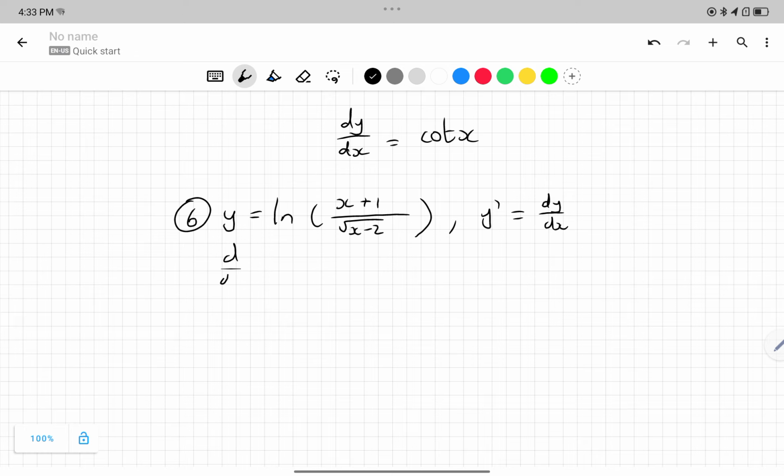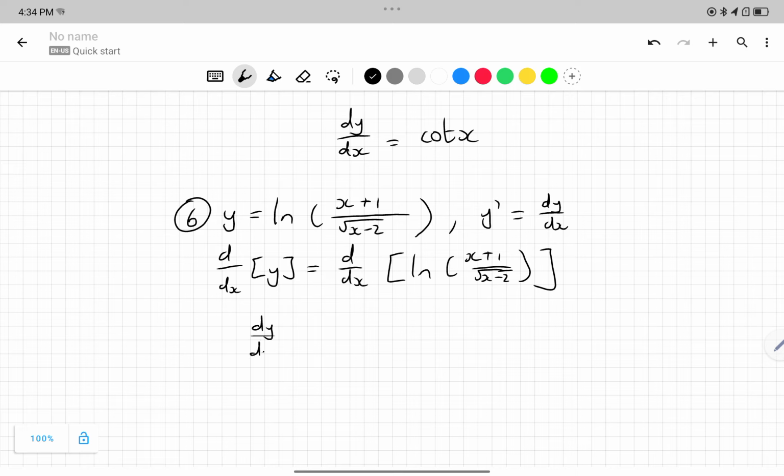So d over dx of y is equal to d over dx of x plus 1 over x minus 2.